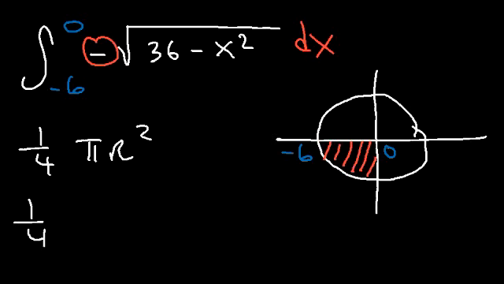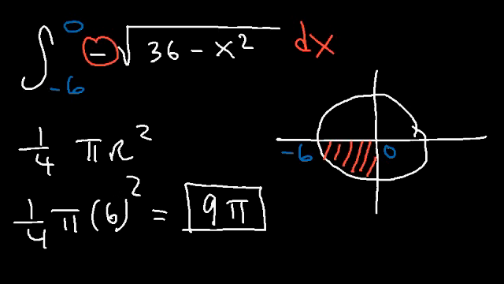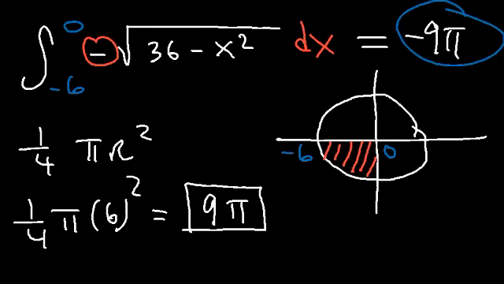And we can see that the radius is 6, which means r squared is 36. 36 divided by 4 is 9. So the area of the shaded region is 9 pi. However, the value of the integral is negative. It's negative 9 pi. Anytime it's below the axis, the integral will give you a negative value. If it's below the x-axis, that is.